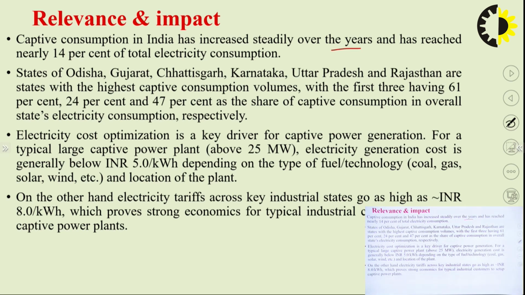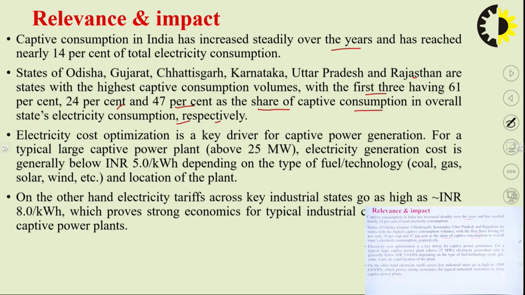The states of Odisha, Gujarat, Chhattisgarh, Karnataka, Uttar Pradesh, and Rajasthan have the highest captive consumption volumes, with Odisha at 61%, Gujarat 24%, and Chhattisgarh 47%, as share of captive consumption in overall state electricity consumption respectively.